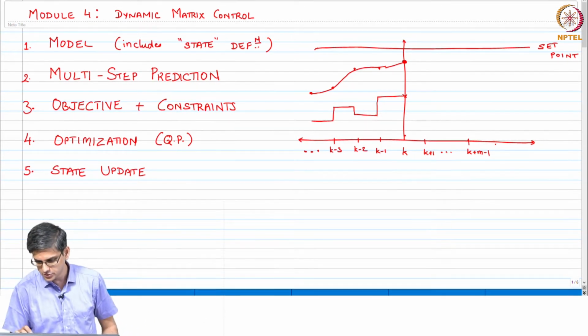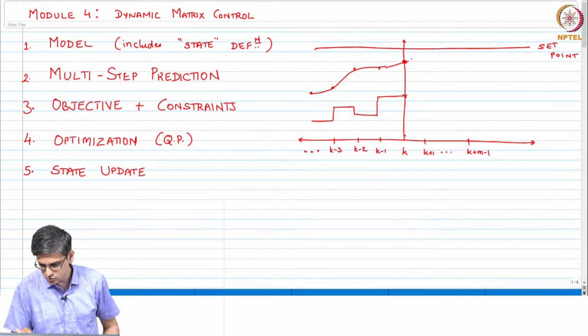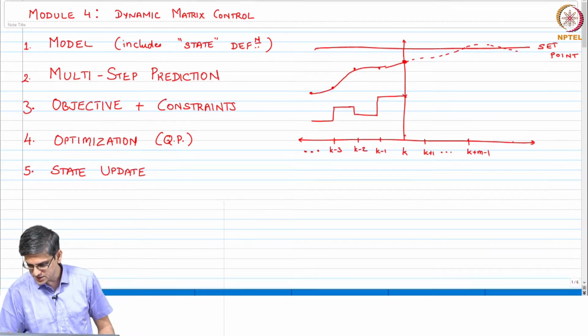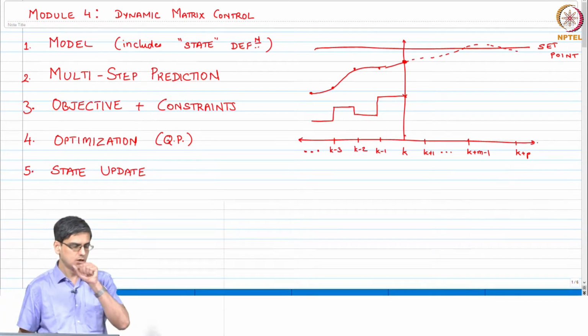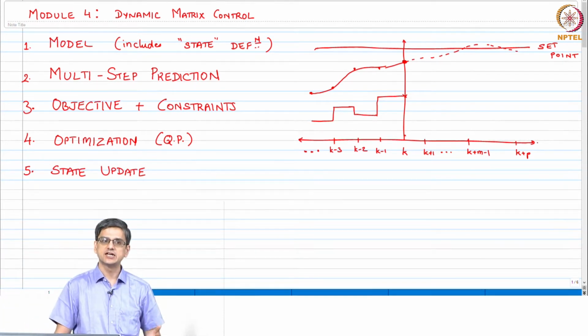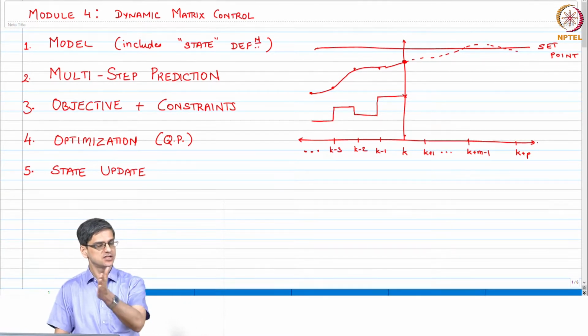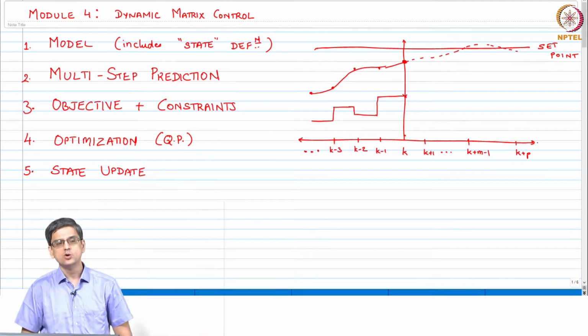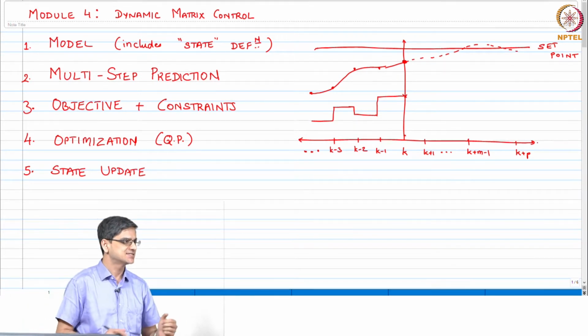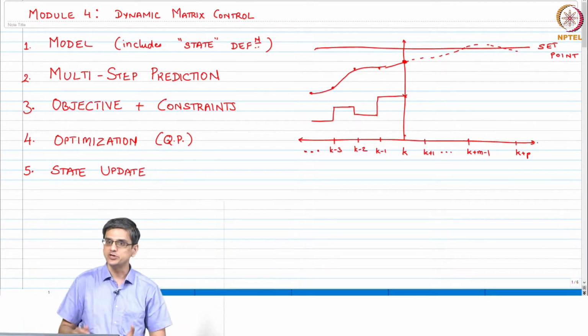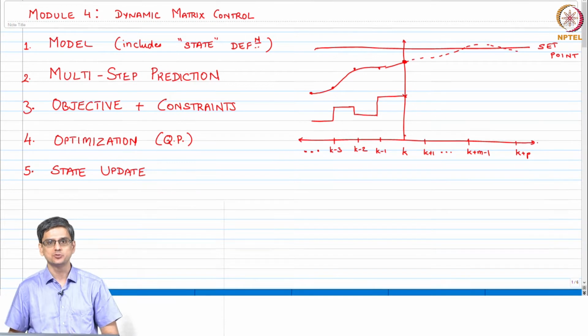And we are going to use our model to predict the future behavior up to p steps in future. So the future behavior will be predicted for yk plus 1, yk plus 2, yk plus 3 up to yk plus p. Why not yk? Because yk has already happened, but why uk? Because uk is just to be determined.